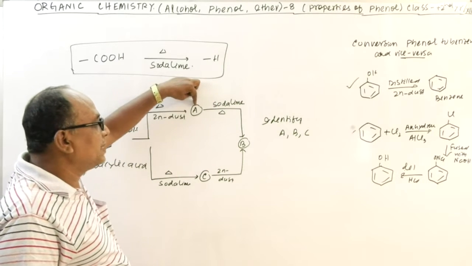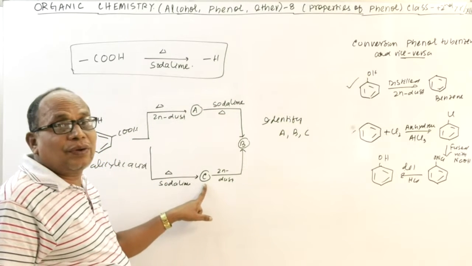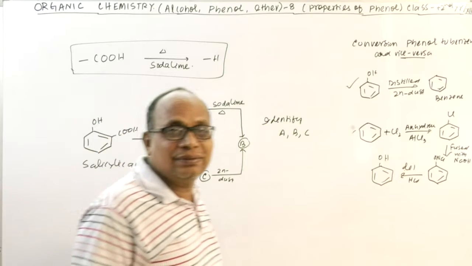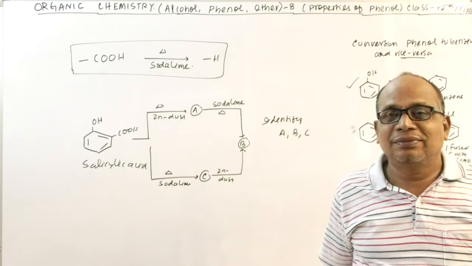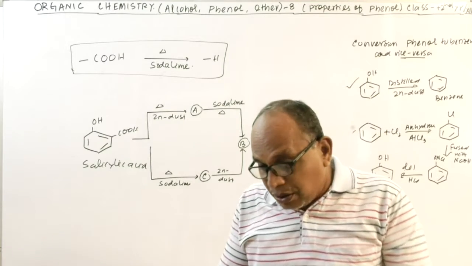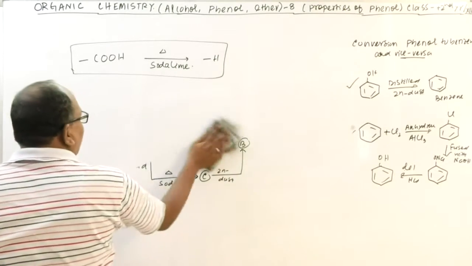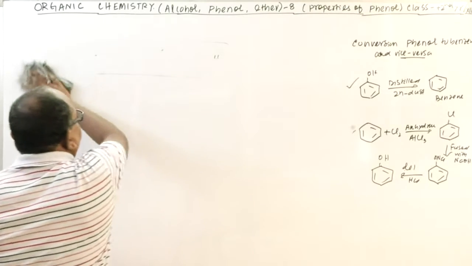A is benzoic acid, B is benzene. Here with soda lime, C is phenol, B is benzene. Simply. Okay, can you convert one more? For example, identify A, B, C.